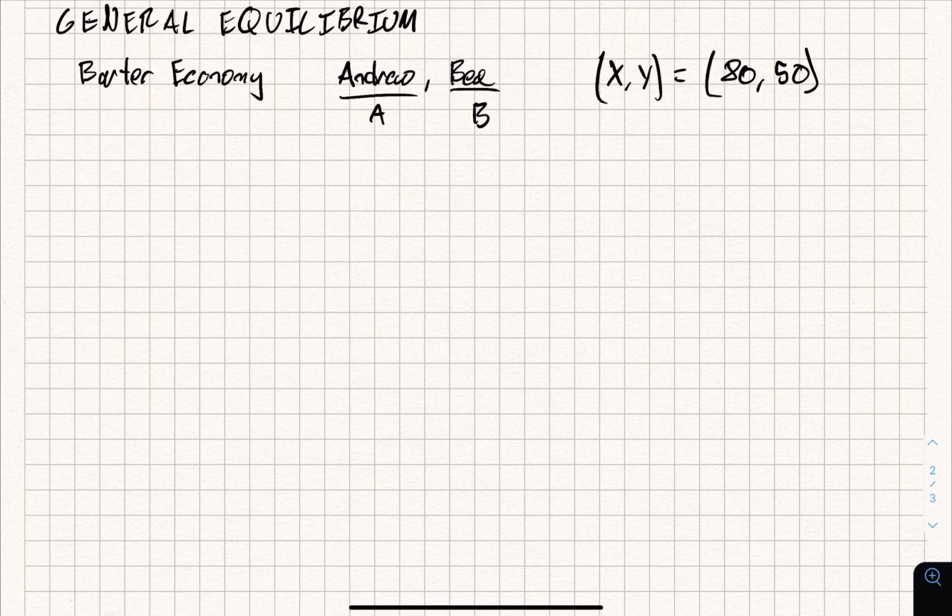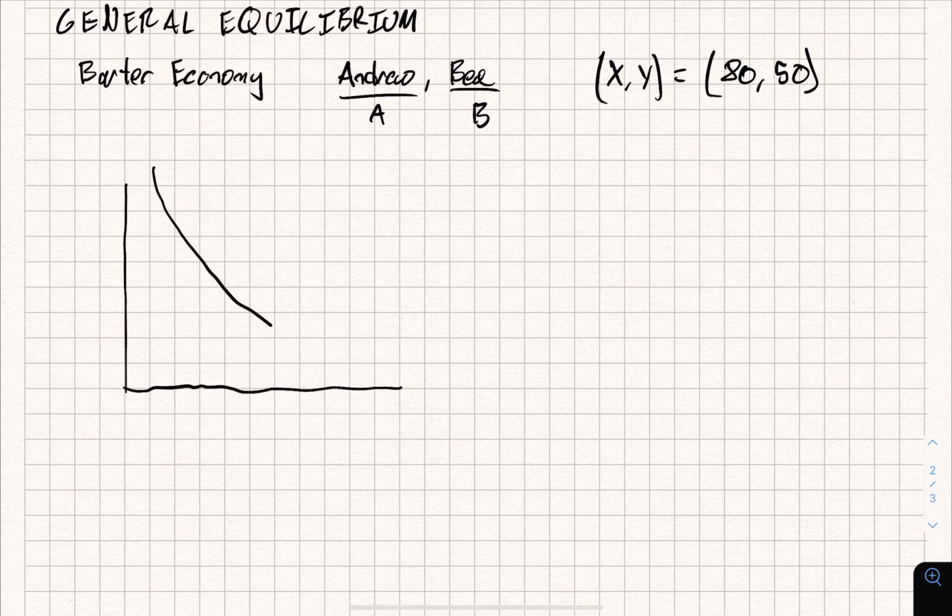So before we set up the Edgeworth box, remember that both Andrew and Bea have preferences over two goods. And let's just draw an indifference curve that looks something like this.